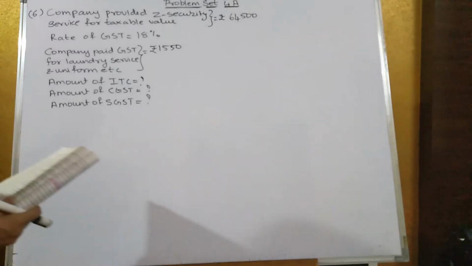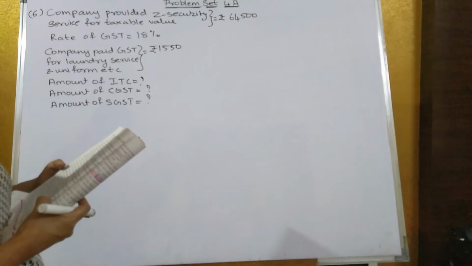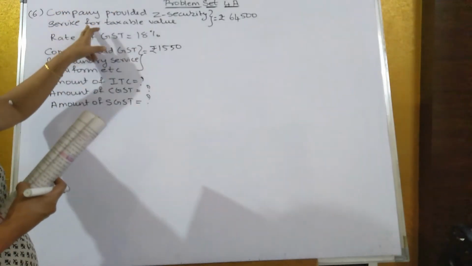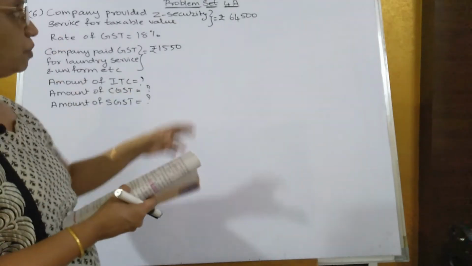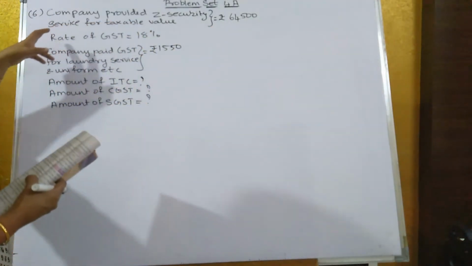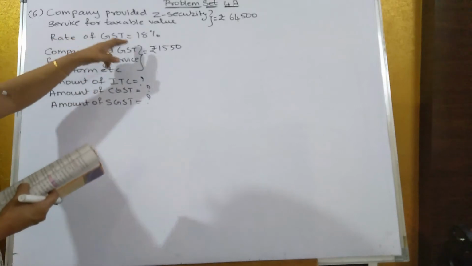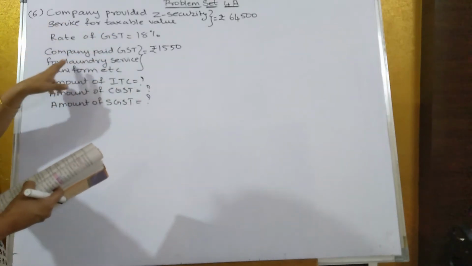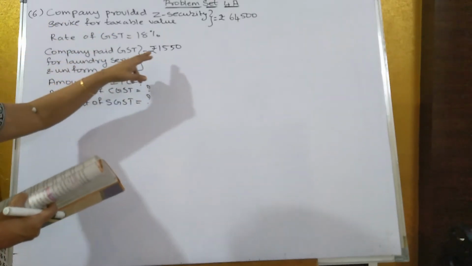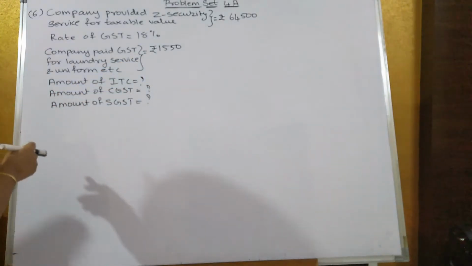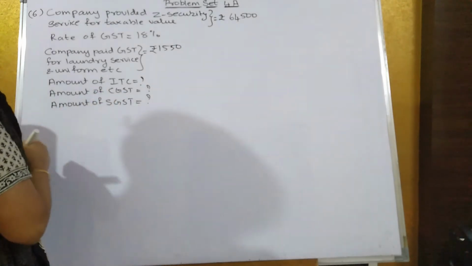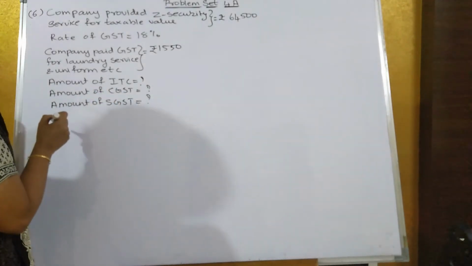Now sixth sum. A company provided security services for a taxable value of 64,500, and the rate of GST is 18%, and the company paid GST for laundry service and uniform etc. for rupees 1,550. We have to find out ITC, CGST and SGST.